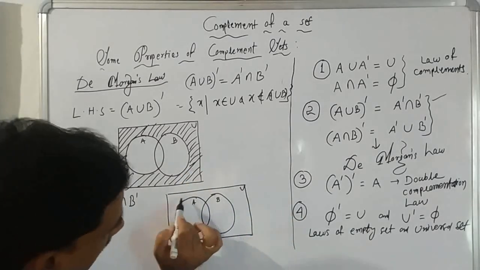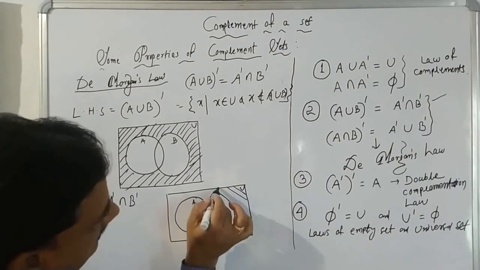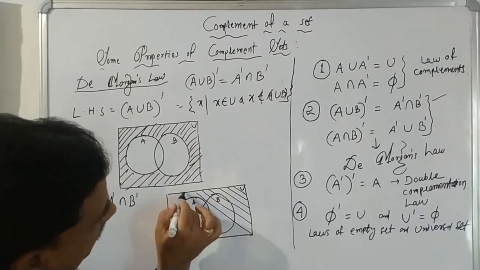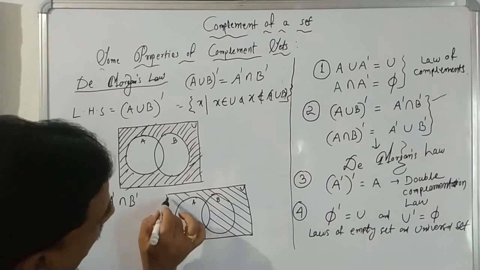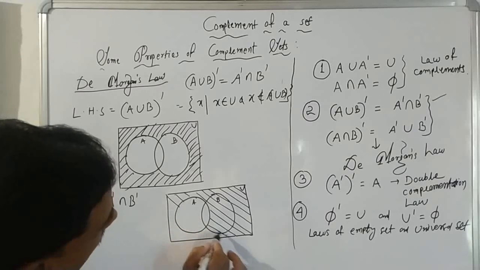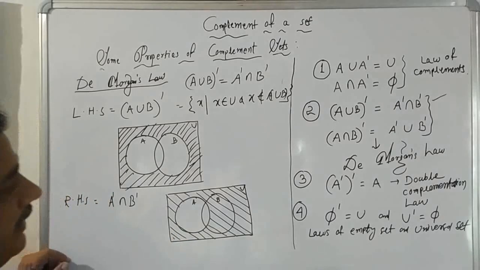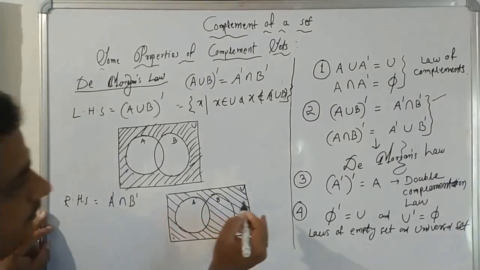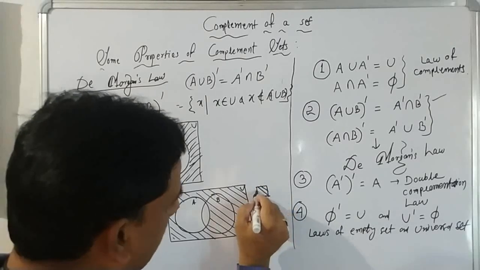A dash means all the elements except A. Understood?